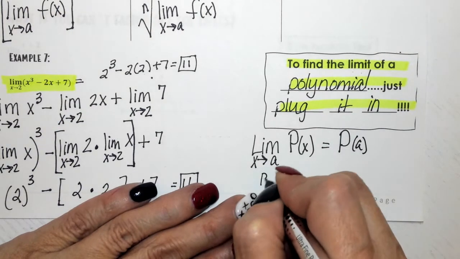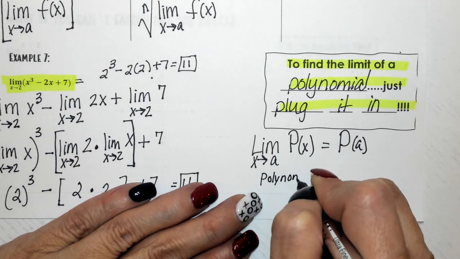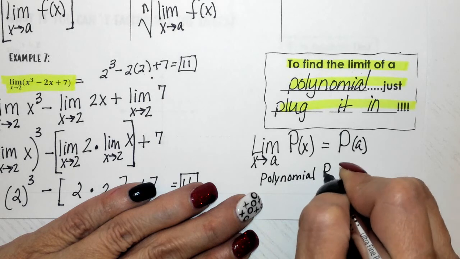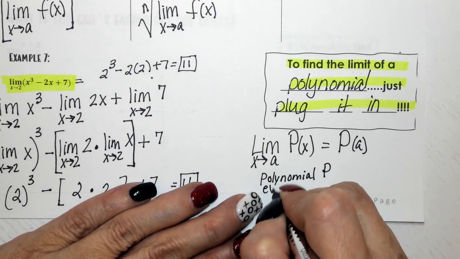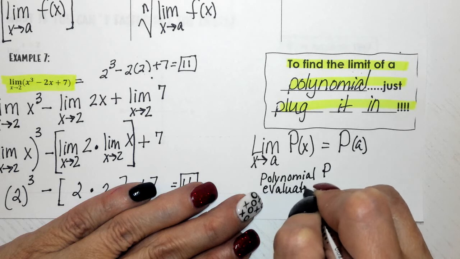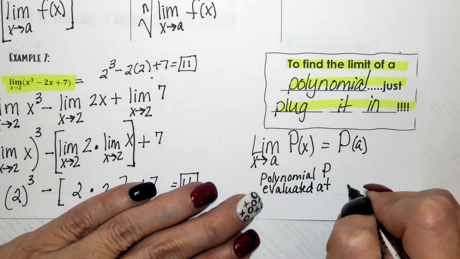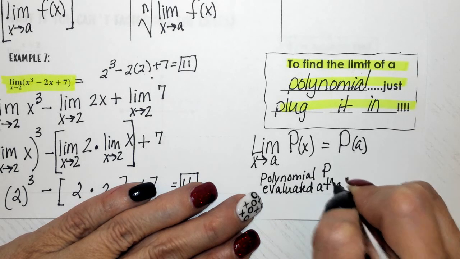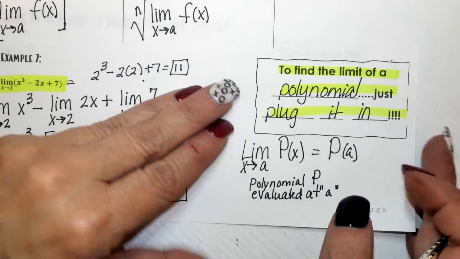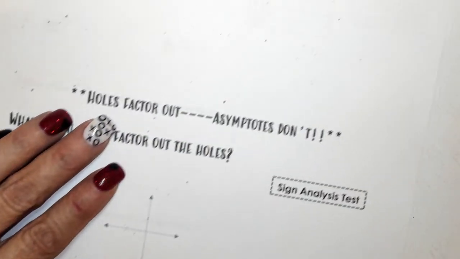And so I'm going to write this. Maybe this will help you. Polynomial p evaluated at a. That way you'll know what it says there. All right. We are rocking and rolling.